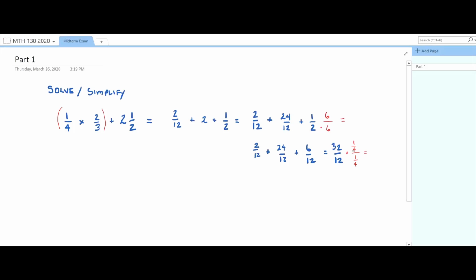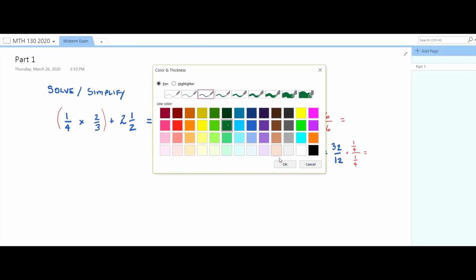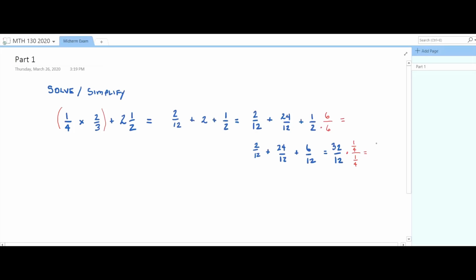So 32 divided by 4 is 8. Well, let me actually write it out, what I'm saying here. So what we're talking about is, and I'll do it in green, I think. What I'm doing now is performing this multiplication, because this is like 32/1 times 1/4, which is the same thing as 32/4.